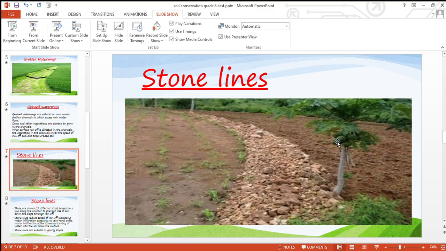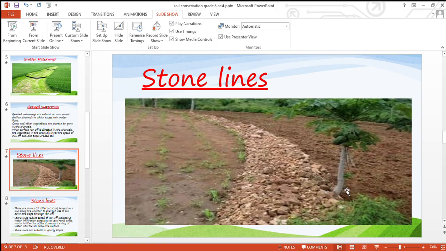Maybe, if I may ask, what could be the reason why a farmer decided to use a stone line in his farm? From the picture on the whiteboard, you can see that is a piece of land where we have some plants, some pawpaw, and we have a stone line there.